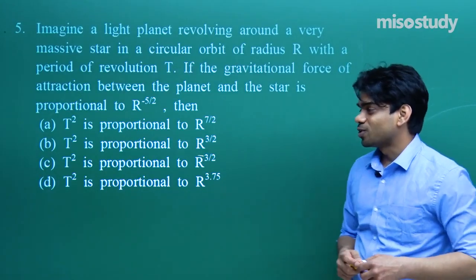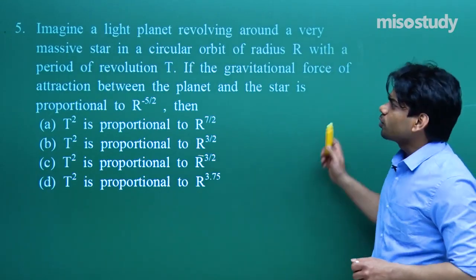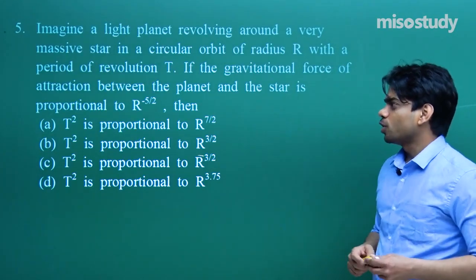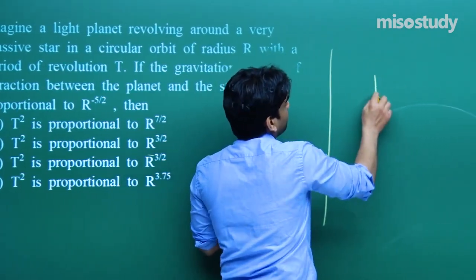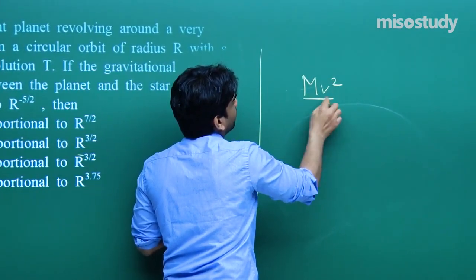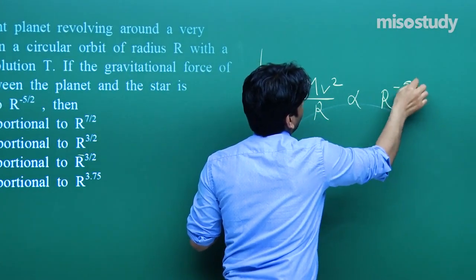Let's try to solve this question. First of all, it says that the gravitational force of attraction between the planet and the star is proportional to r to the power minus 5 by 2. The force of attraction provides the required centripetal force, so mv square by r is proportional to r to the power minus 5 by 2.